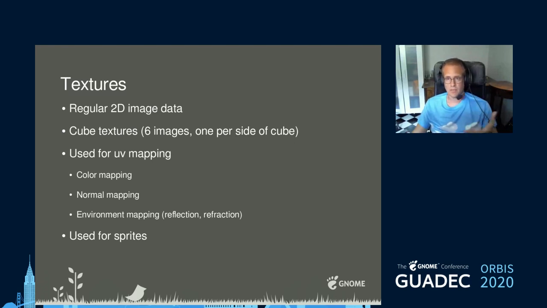Sometimes it's called bump mapping, where you can add geometry where the actual triangle doesn't have it. It doesn't really affect the geometry, but it affects how it interacts with lighting, for instance. There are other types, I didn't write them all down here, but environment mapping is a common one where you can fake reflections and refraction. We also use textures for sprites, where you want to render some image in the middle of your scene, for instance.